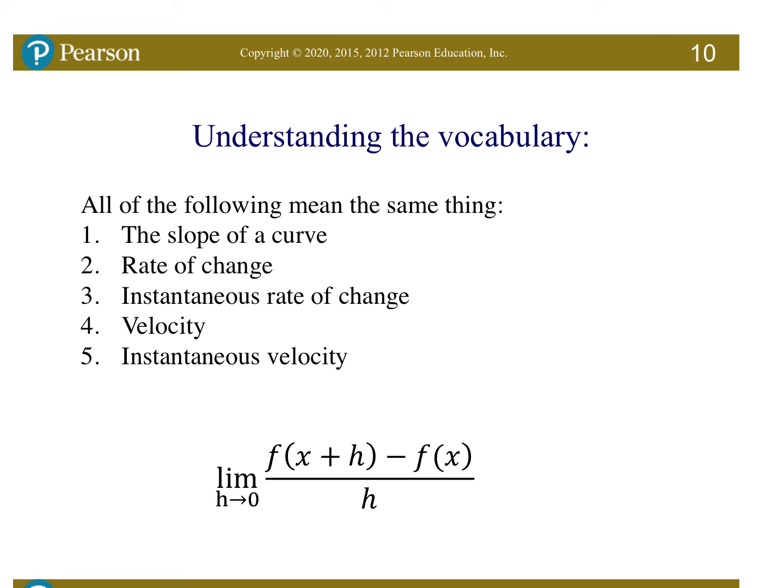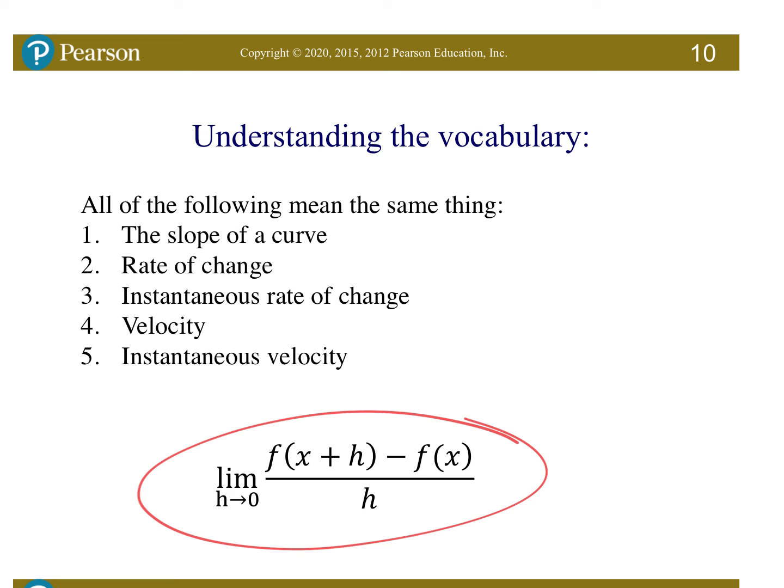Things like the slope of a curve, the rate of change, the instantaneous rate of change, the velocity, all of those words, and I could throw on there how fast, or what's the speed. All of them use this exact same difference quotient. They all mean the same thing.